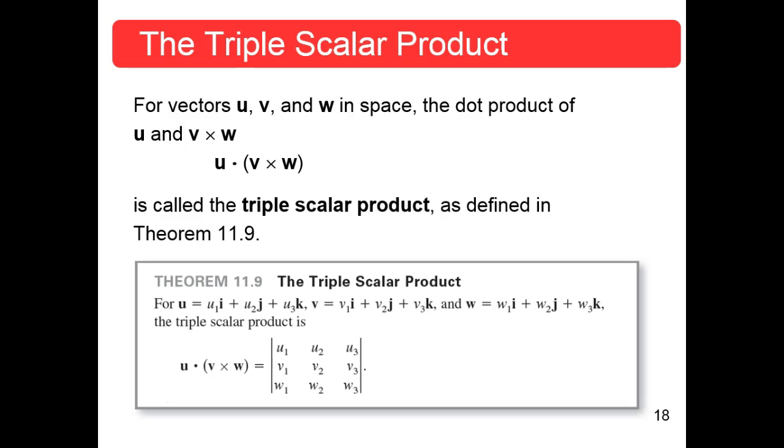Now this has to follow this rule. The dot product has to come first, and you put the vector being dotted with the other two. That's the top line. Then your other two, just like you did for cross product, v1, v2, v3, and w1, w2, and w3. And then you do the determinant of that.